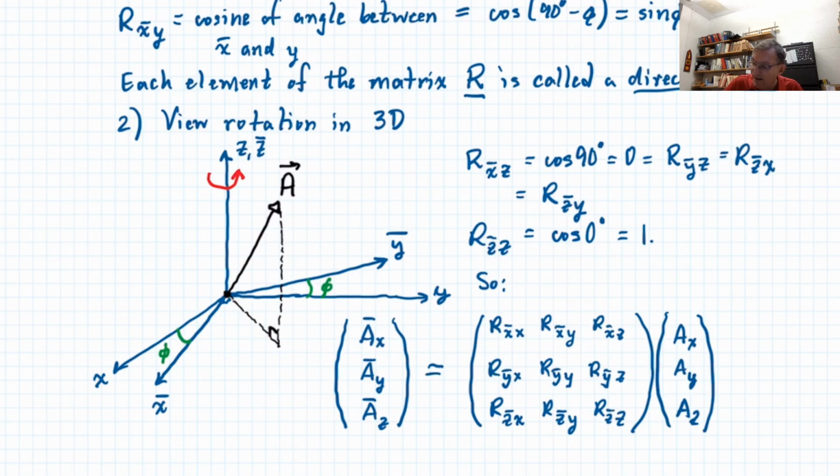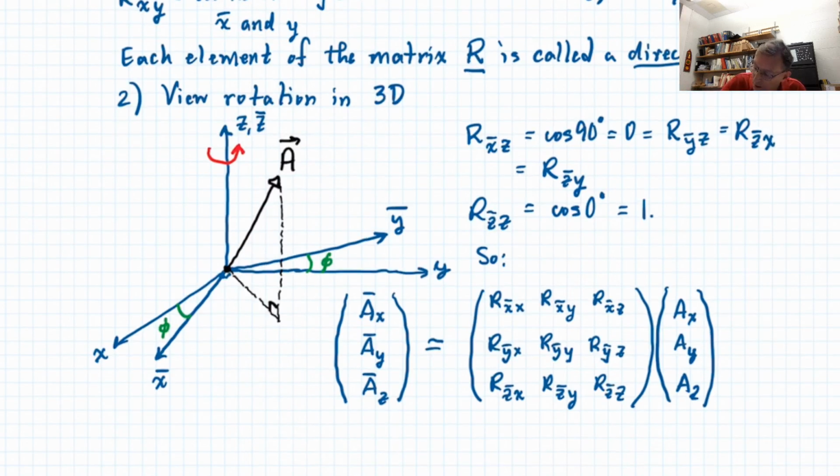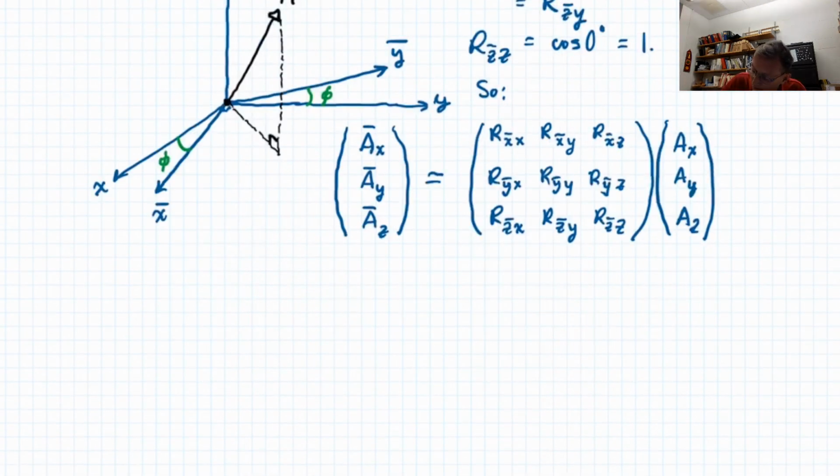And then I'm just going to write down right underneath here what that 3 by 3 looks like for this rotation that we're talking about, counterclockwise by an amount phi about the z-axis.